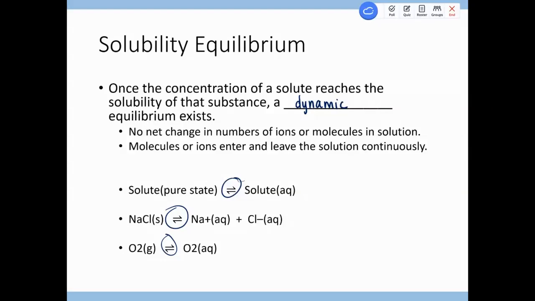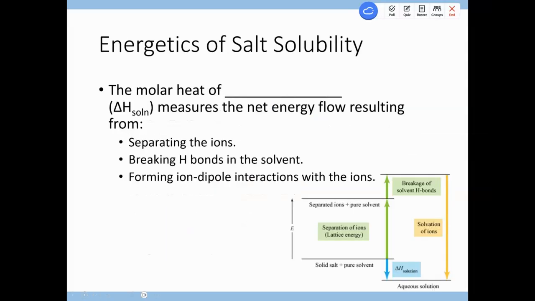Now we're going to talk more about salt. So thinking about sodium chloride forming these two ions, there's energy associated with that transformation. That's on this next slide here. This is called the molar heat of solution, delta H subscript SOLN to abbreviate solution.